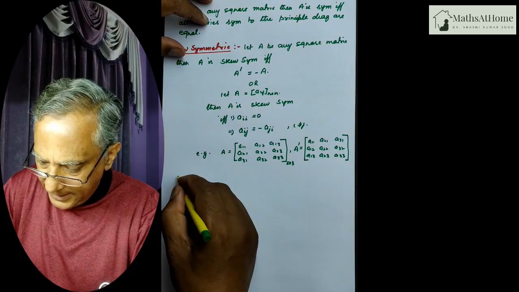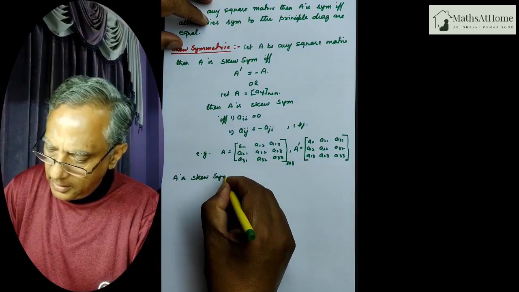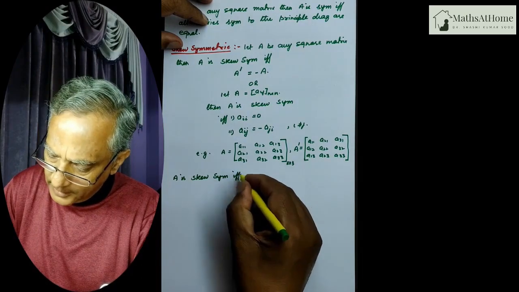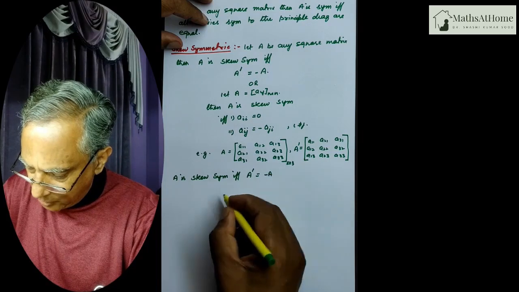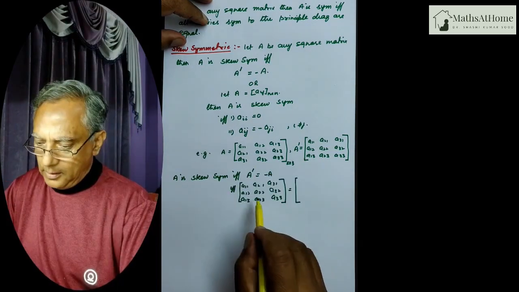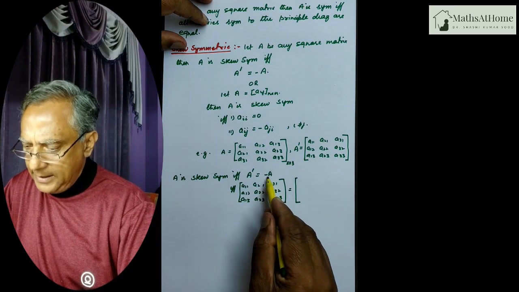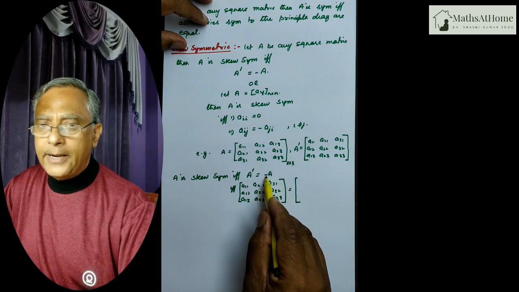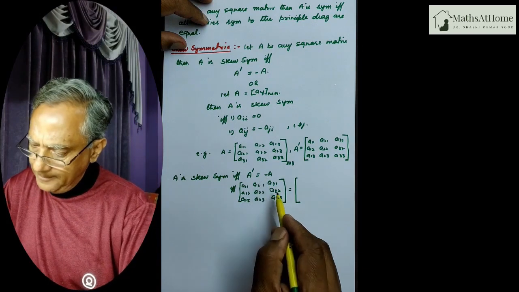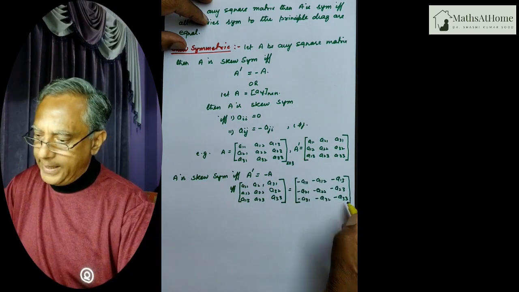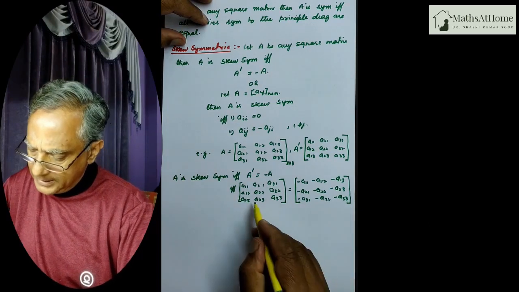Now A is skew symmetric if and only if A dash is equal to minus A. A dash is this much, and minus A is multiply each and every entry of A by minus 1. We get this matrix. Now these two matrices are equal.